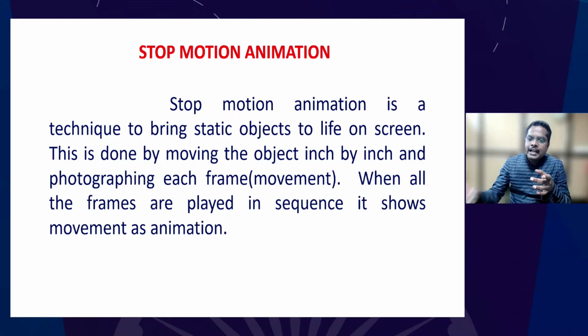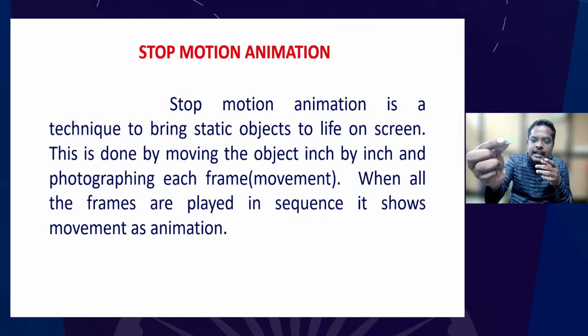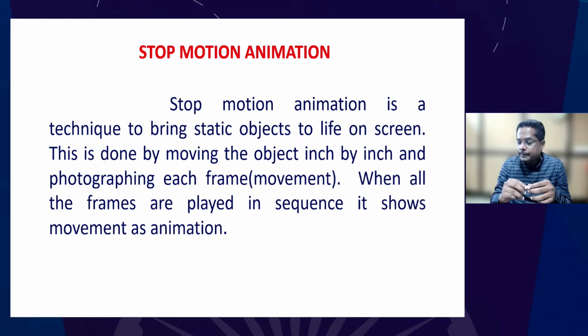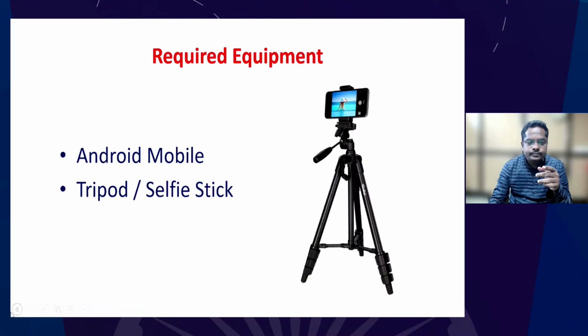Similarly, here I have a gem clip, and I can give life to this gem clip. We will be learning it soon. To create stop motion animation, we need only two things: an Android mobile, and a tripod or selfie stick.